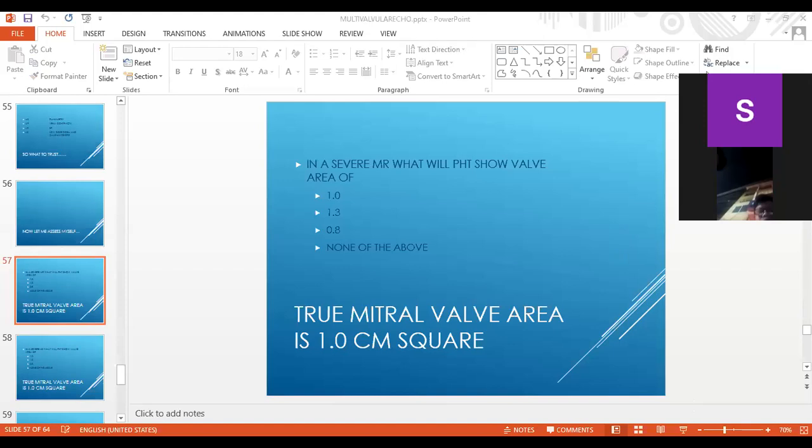Okay. So what happens is that there is mitral regurgitation and there is mitral stenosis. So area of mitral valve is 1. And what happens when you do pressure half time? LA is receiving blood from pulmonary veins, and in systole, LA is receiving blood from mitral regurgitation from LV also.